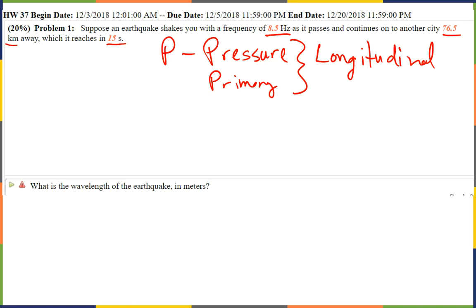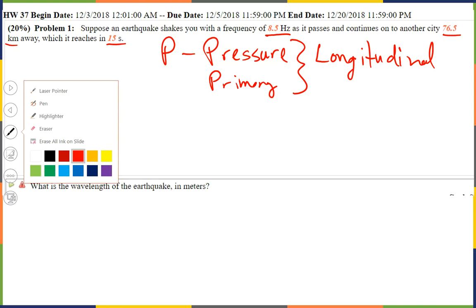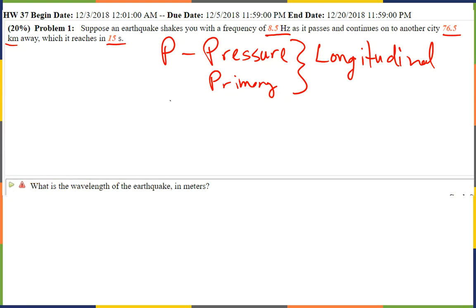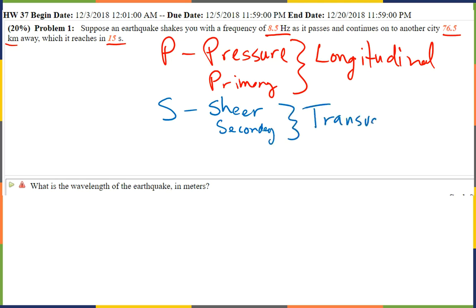Then we have the second one to get to you, which is called the S wave, which stands for shear or secondary. It's a transverse wave. So when that transverse wave hits you, if you are standing on the epicenter, what are you going to do?